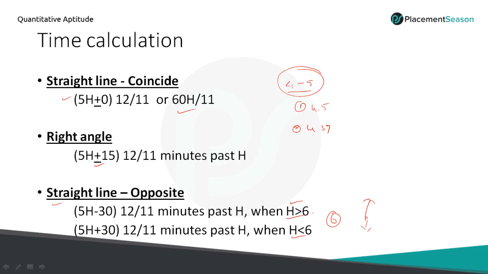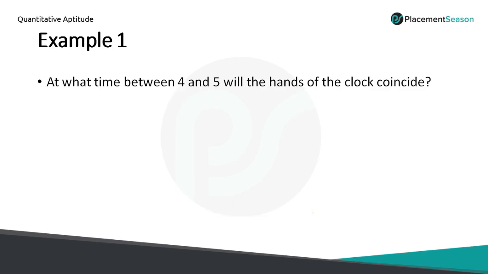So simple concept. Let's try to solve this problem based on this. At what time between 4 and 5 do the hands of the clock coincide? We know the direct formula which we have discussed now. It is 60h by 11. Here we have to substitute the lowest value for h.